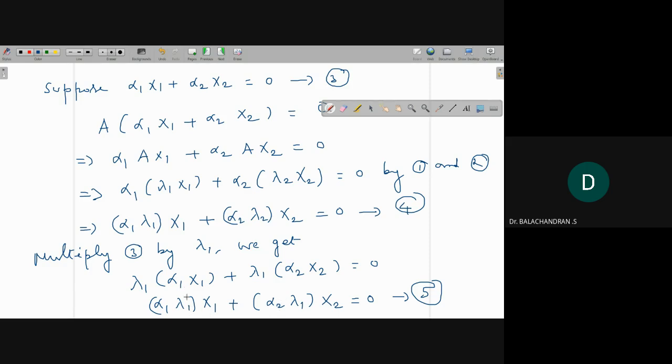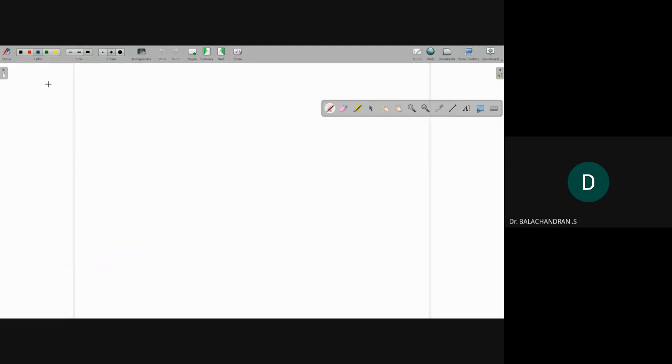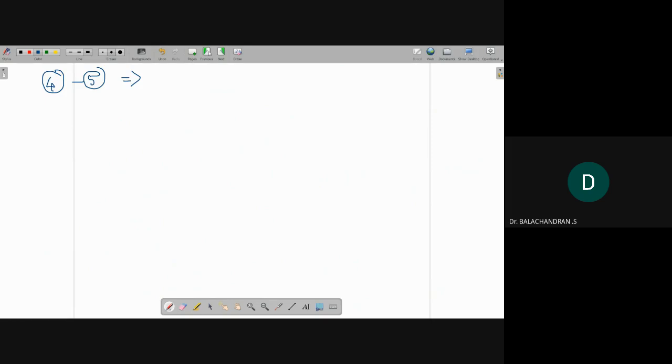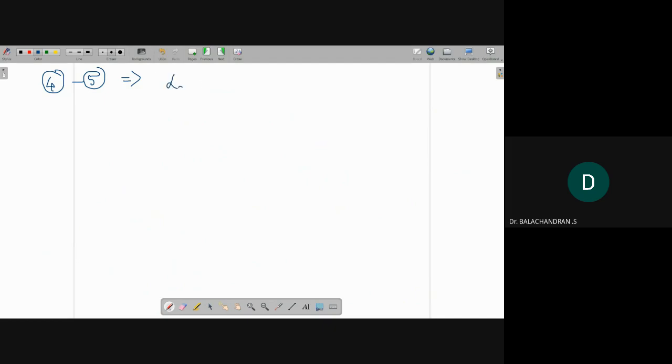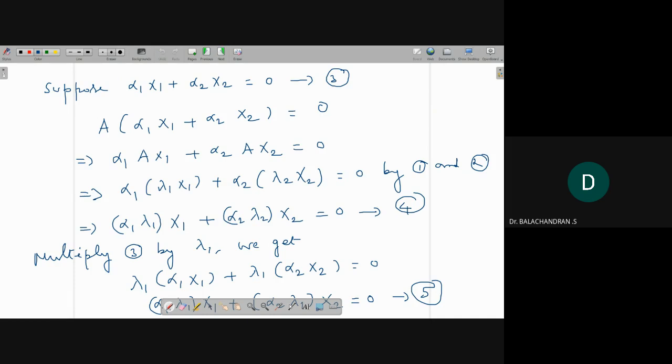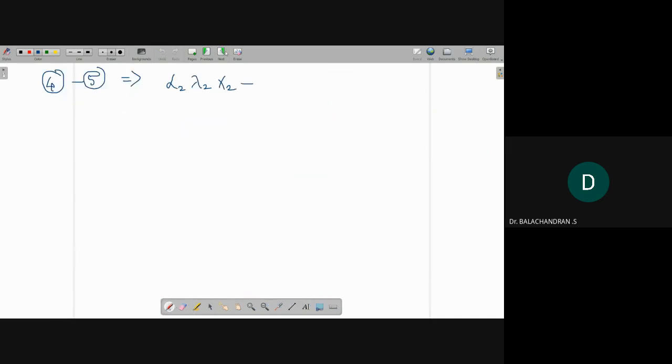I will write on the next page: equation 4 minus 5 implies, after cancelling the first term, alpha 2 lambda 2 x2 minus alpha 2 lambda 1 x1 equal to 0.